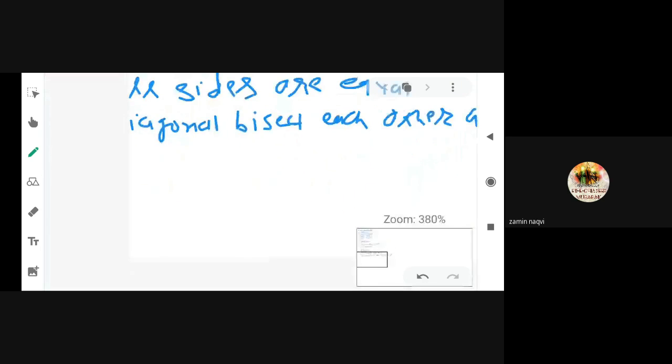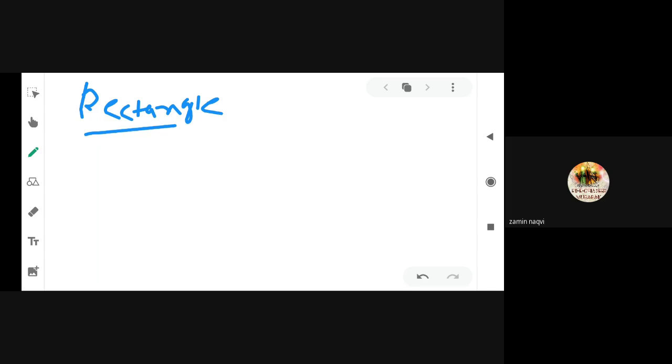Okay, and now last question. You have to prove square as rectangle, and for this we have to give some argument. Your first argument is in a square all the angles are equal with 90-degree measurement.